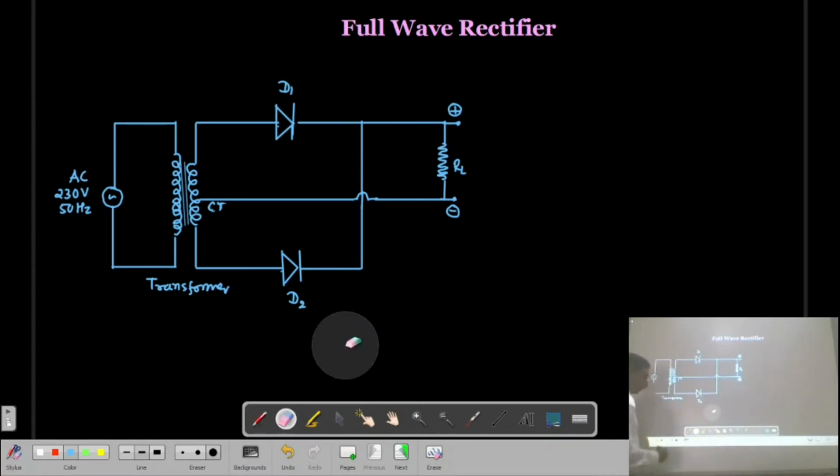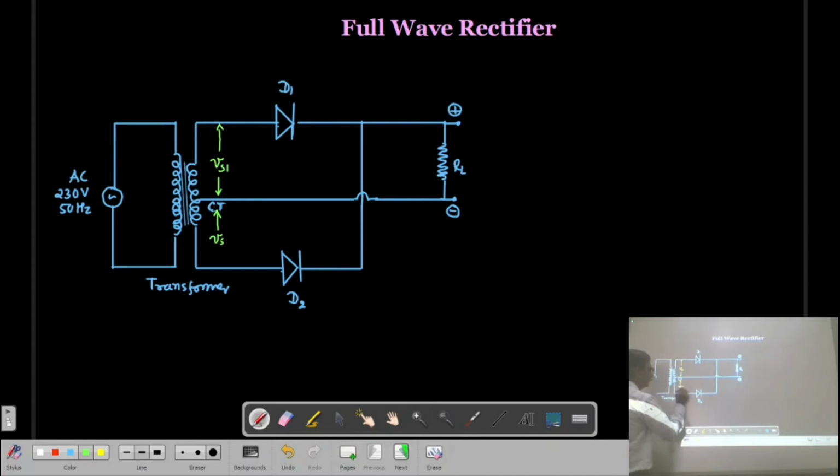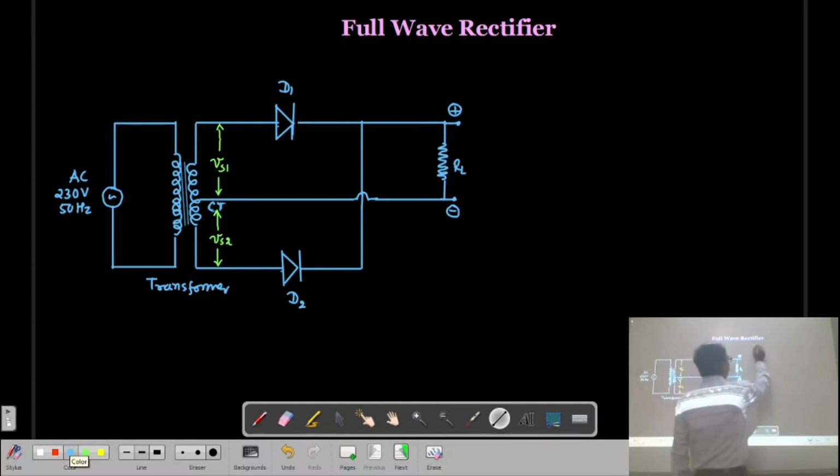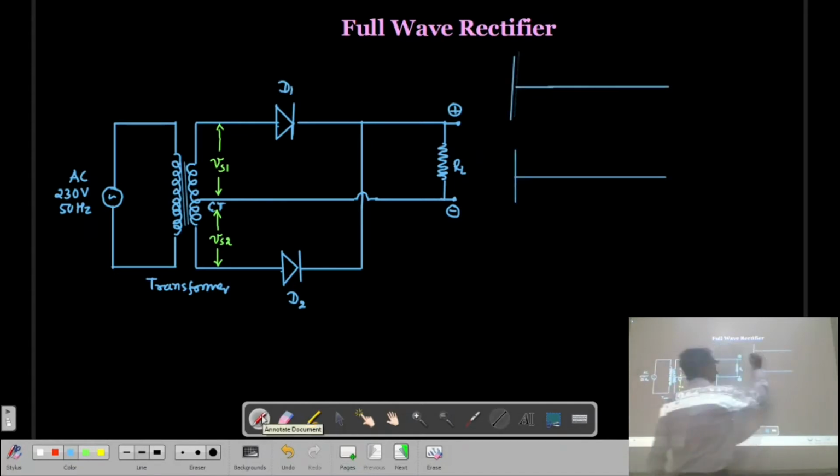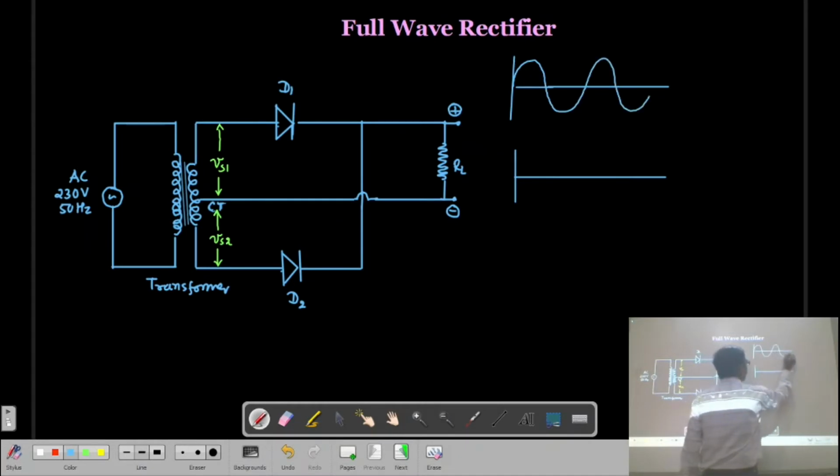If you look at this, in the upper part let us say the induced EMF is the voltage Vs1, and in the lower part the induced voltage is Vs2. If I draw the waveforms for Vs1 and Vs2, the induced voltage in the upper part is this.